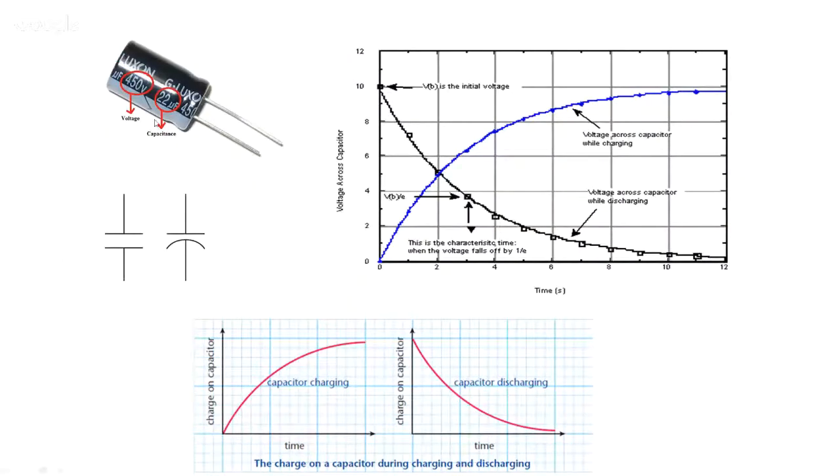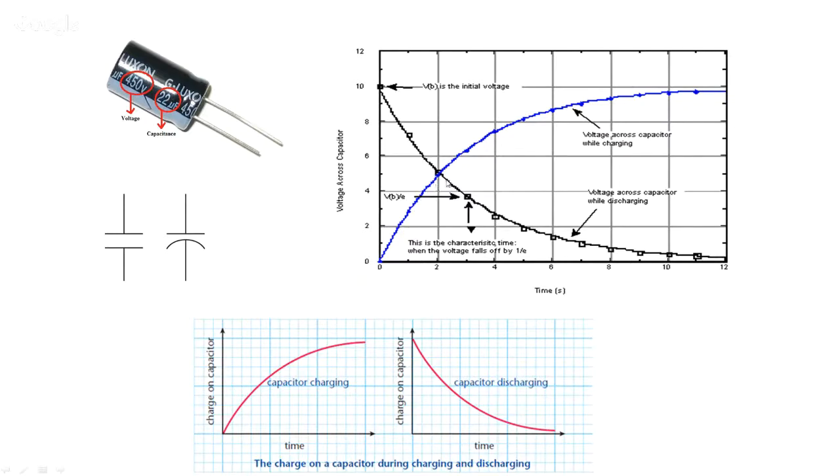So this is a figure of a capacitor, and this is the symbol of a capacitor, how it is represented in a circuit. And here again we can see a graph, voltage versus time. When the capacitor is charging, you can see this is an exponential charging.